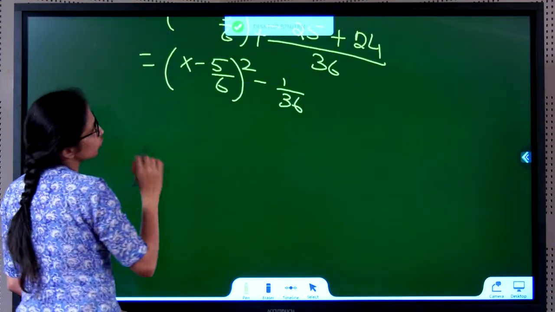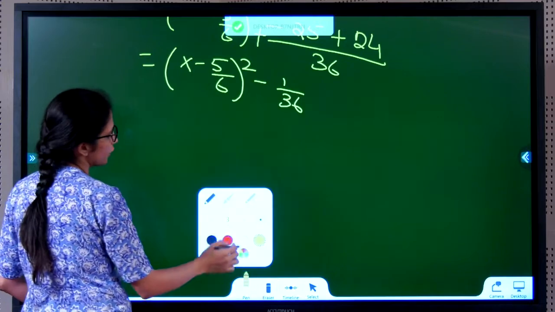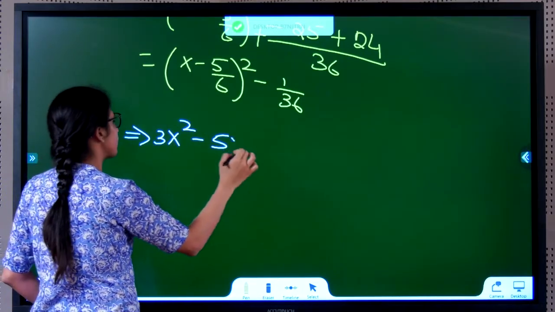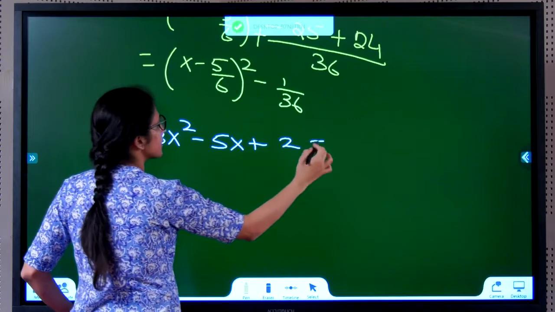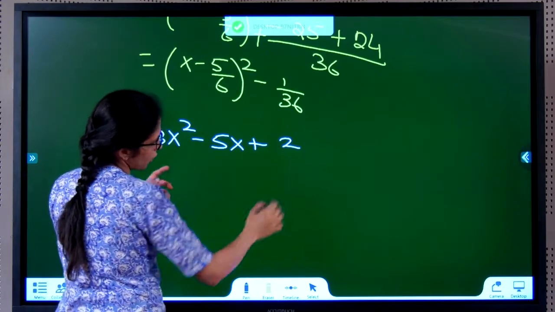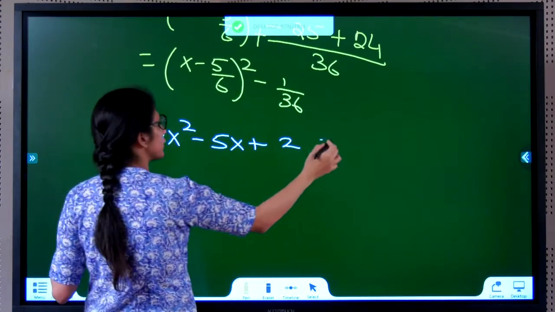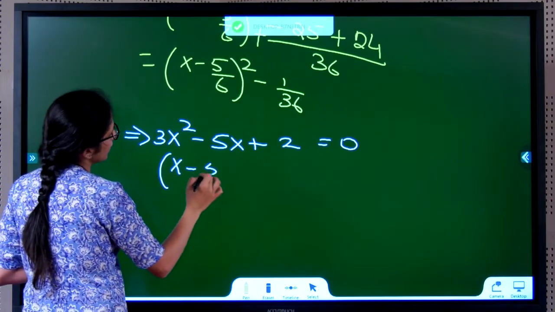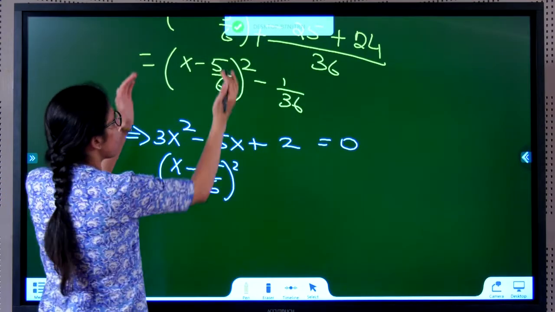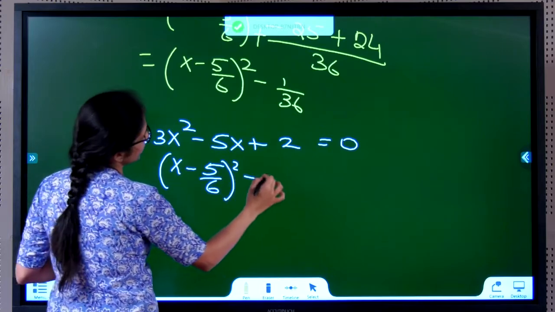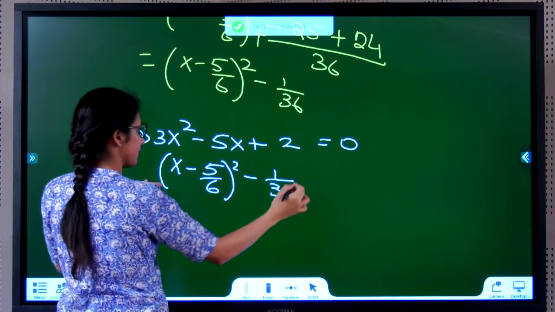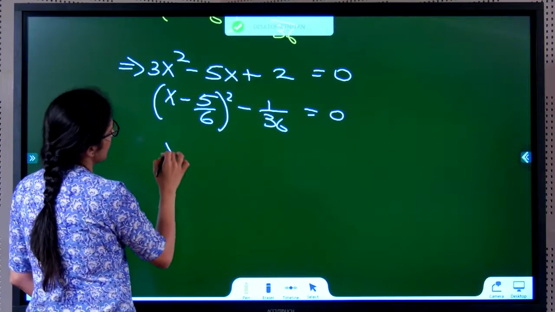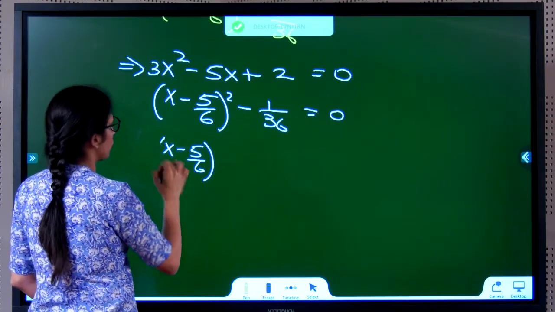Now, to solve a quadratic equation, you have to equate it to 0. The question was 3x square minus 5x plus 2, you have to solve this equation. So first you have to equate it to 0. Can I write this equation as what we just got, the completed square? I completed the square: x minus 5 by 6 the whole square minus 1 by 36 equal to 0. Now continue.